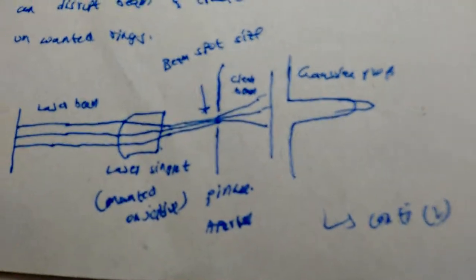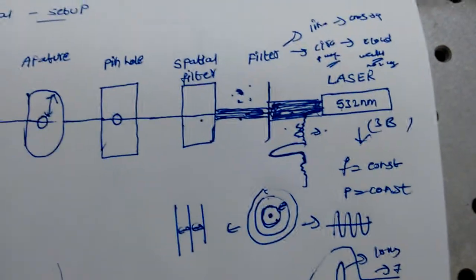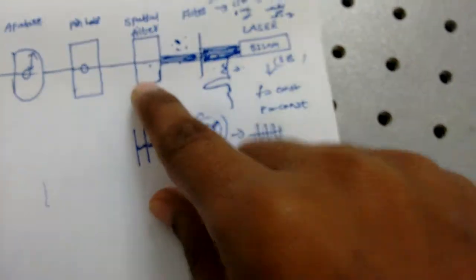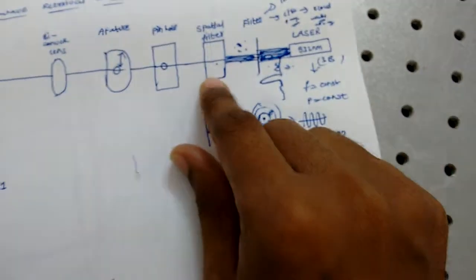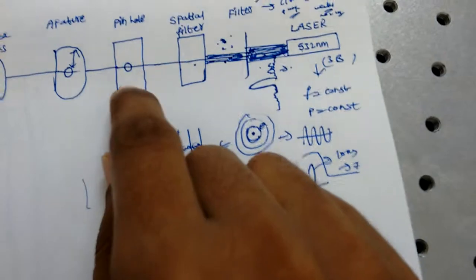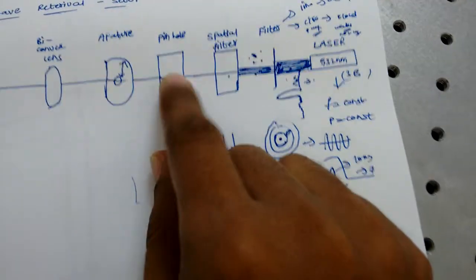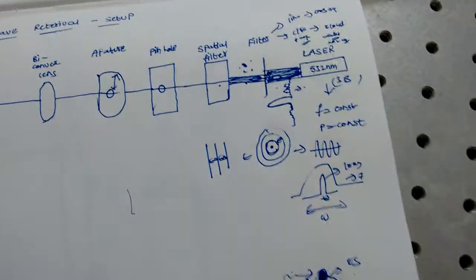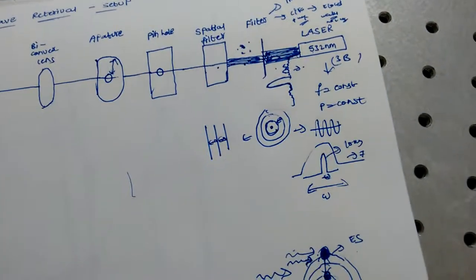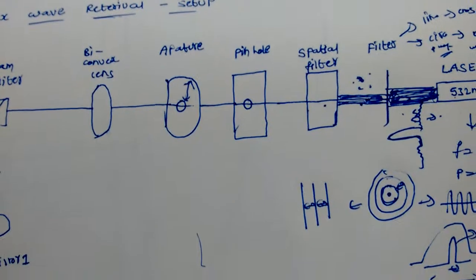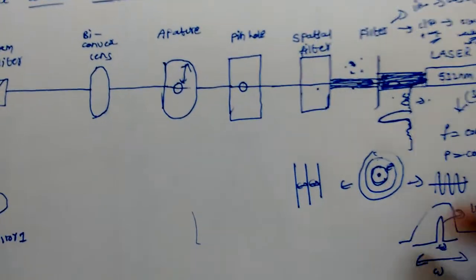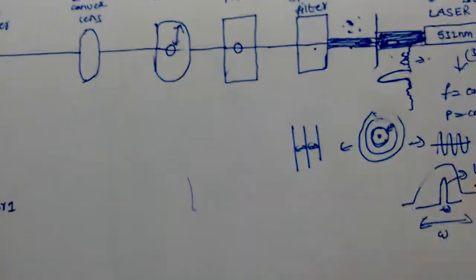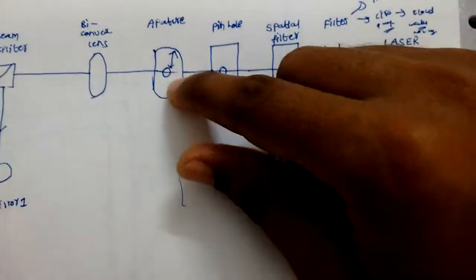So coming to the block diagram, this is the filter and this is the spatial filter. After that pinhole we can see a small hole, and then after that we are using an aperture. Apertures can be rectangular or circular, so we are using a circular aperture.